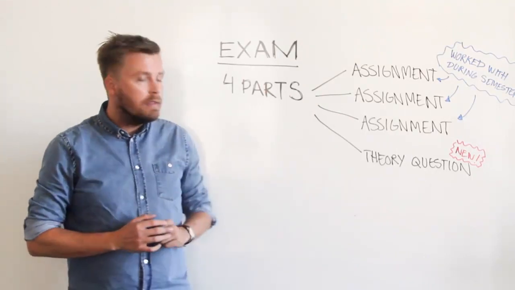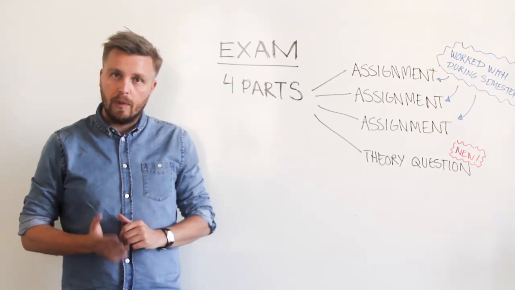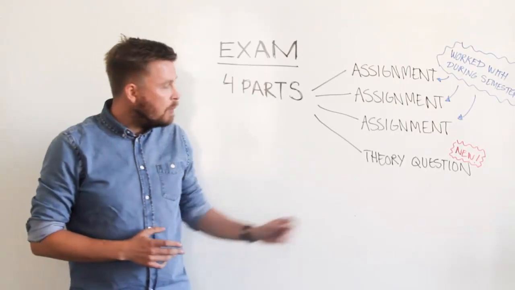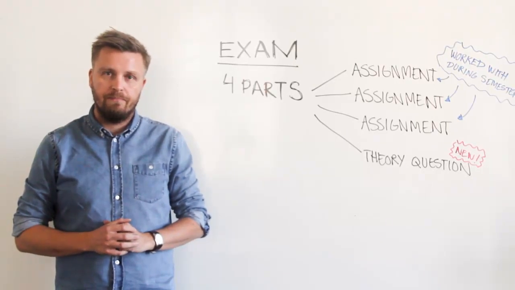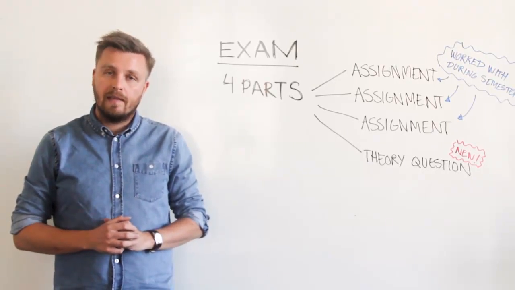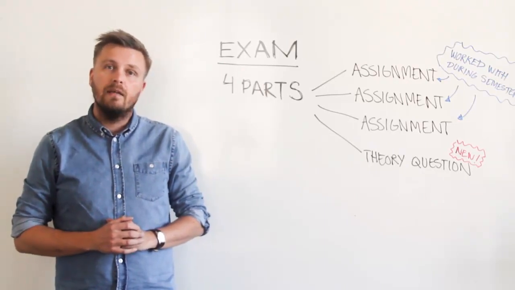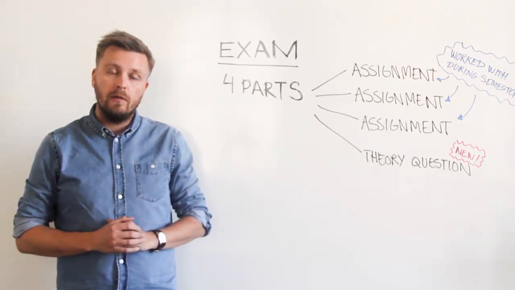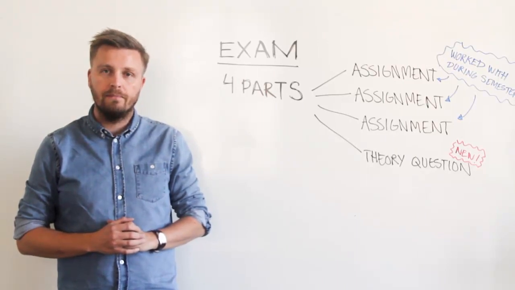The 4th part is a new question you haven't seen before, and it will be mainly focusing on the econometric theory. The exam will be available on December 15, and it must be handed in no later than 1 week after, on December 22nd at 10 o'clock in the morning.